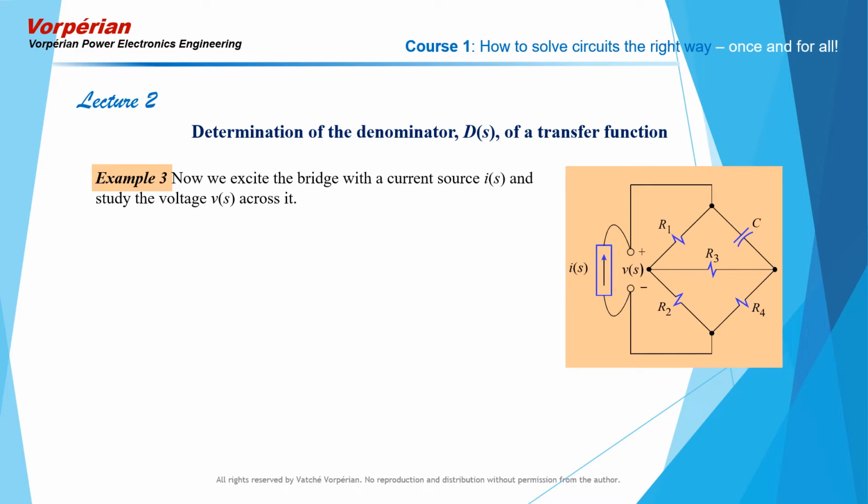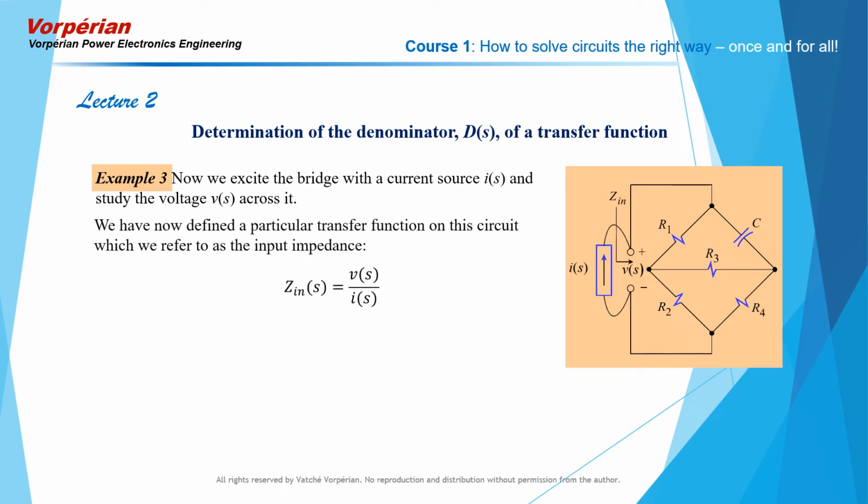And we want to study the ratio of Vs over Is(s), which is equivalent to saying that we're trying to determine the impedance looking into this port of the network, or the driving point impedance at this port of the network. This is the transfer function we are interested in.